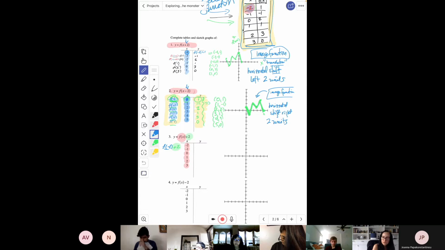What's f of -2? What is that? Can anybody tell me? In our parent function, always go back to your parent. f evaluated at -2 gives me what output?